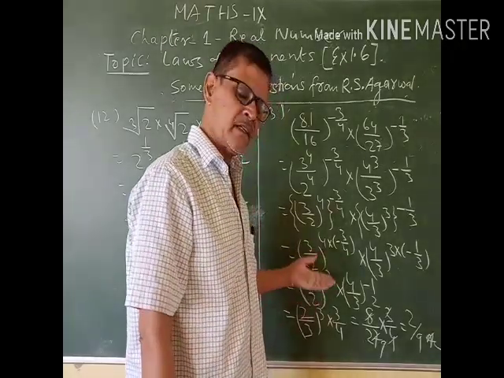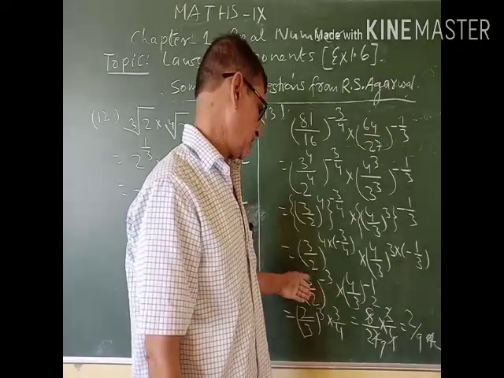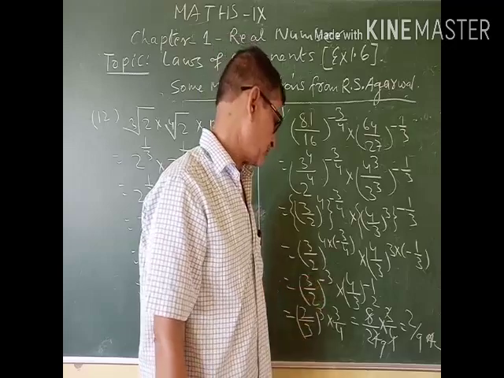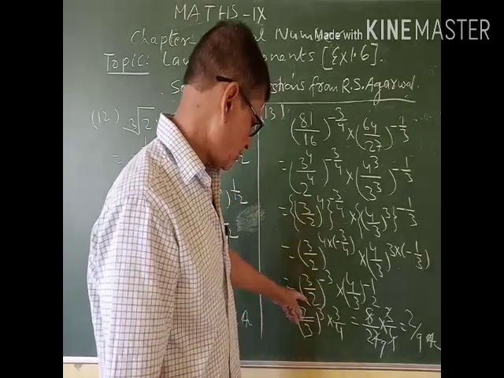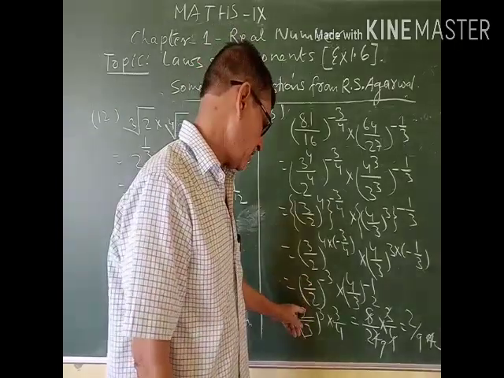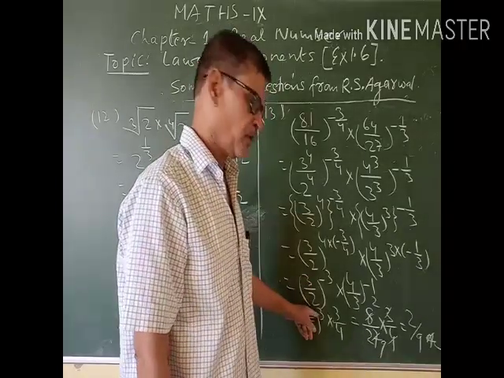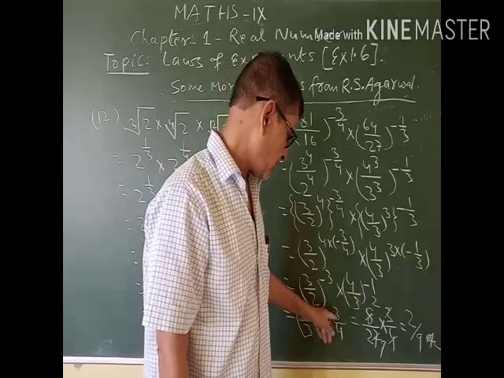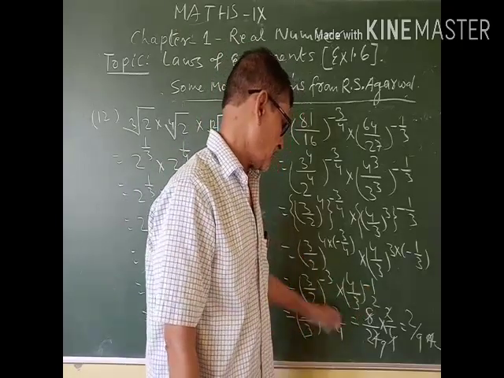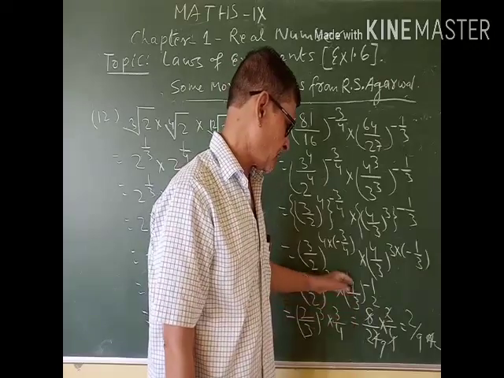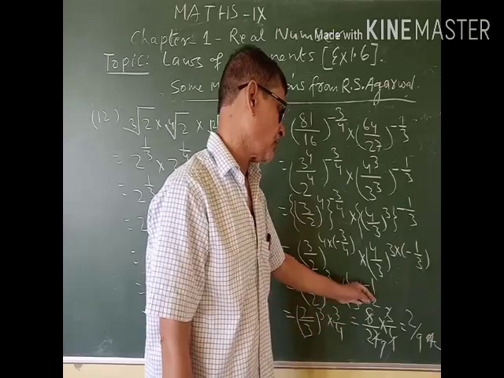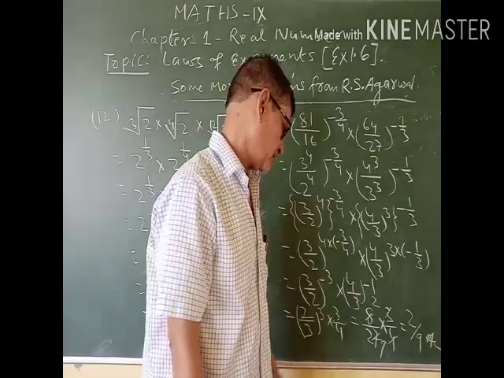By writing the reciprocal, you can change negative exponent to positive exponent, and this will give you 2 by 3 cubed. Reciprocal of 3 by 2 is 2 by 3, and then this will become positive, into 3 by 4. For 4 by 3 to the power minus 1, I have taken the reciprocal of 4 by 3. This will be equal to 3 by 4, and the power becomes positive 1.